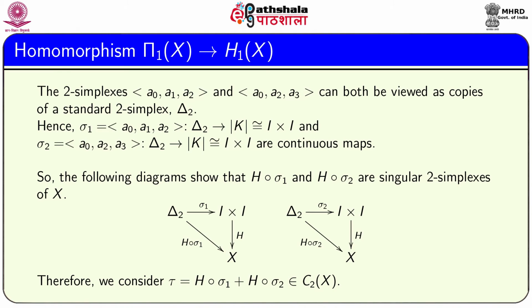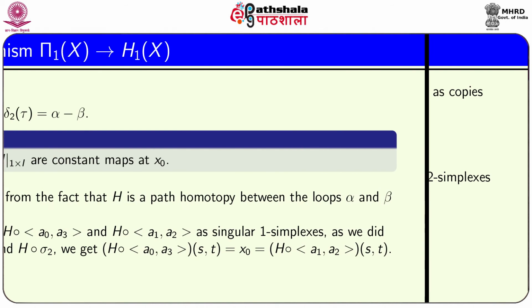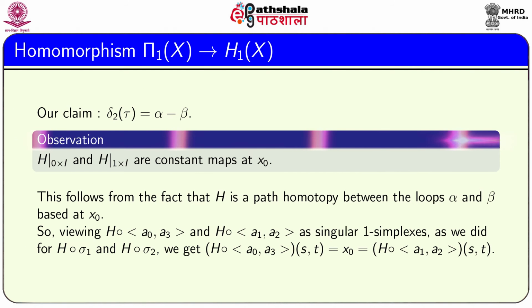So, we consider tau as the sum H compose sigma 1 plus H compose sigma 2, and we know that it will be a member of C2(X). We claim that delta 2 of tau should be equal to alpha minus beta.